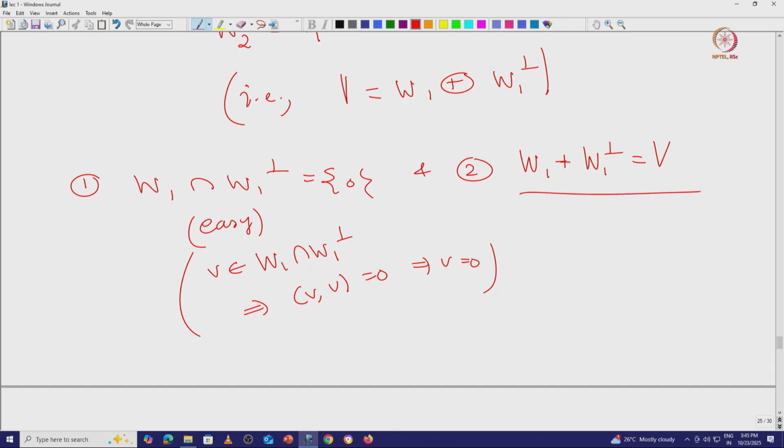Now, to prove that W1 plus W1 perp is indeed V, it is enough to prove that any vector can be written as a sum of vectors from W1 and W1 perp, that is the definition.